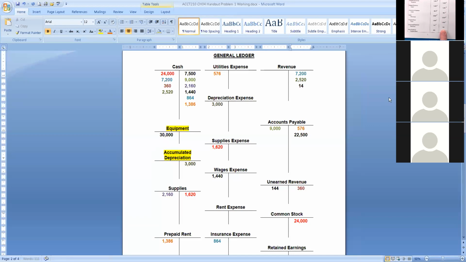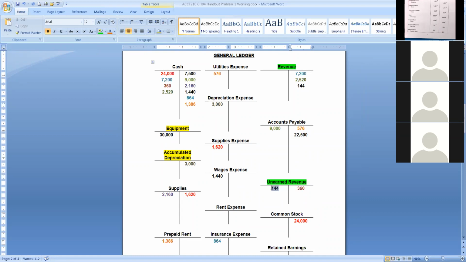So let me explain what happened there. You'll notice that this unearned revenue, let's make that green, is a liability. Someone gave us money ahead of time, and it's a liability because until we do the work, we owe them the money.